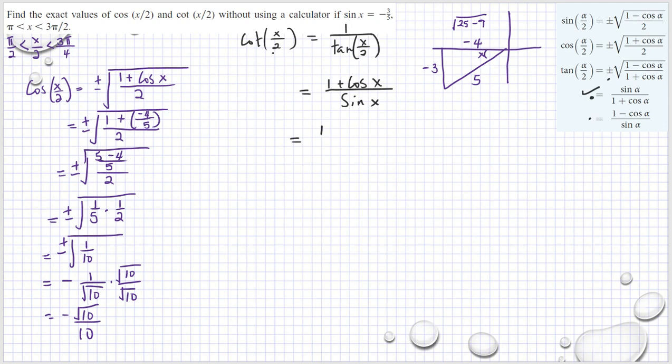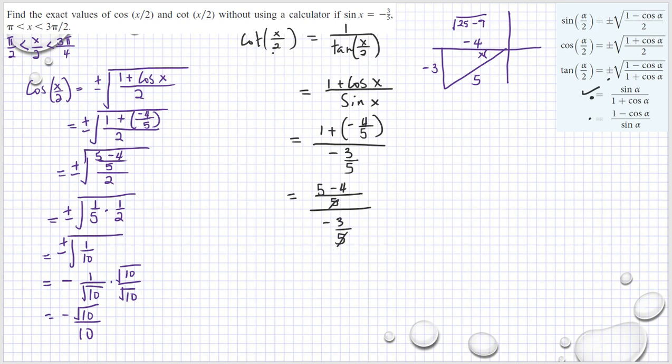Then 1 plus cosine x in the third quadrant is negative 4 over 5, over negative 3/5. Simplify, we have 5 minus 4 over 5, over negative 3/5.